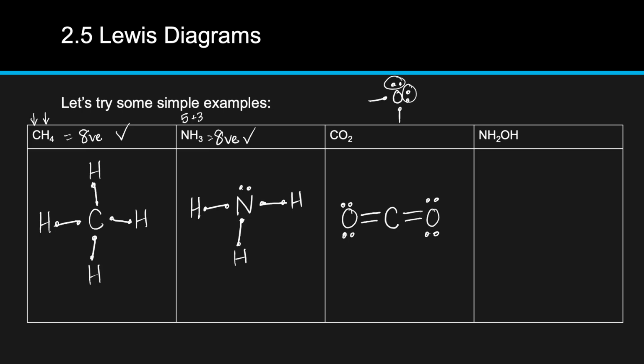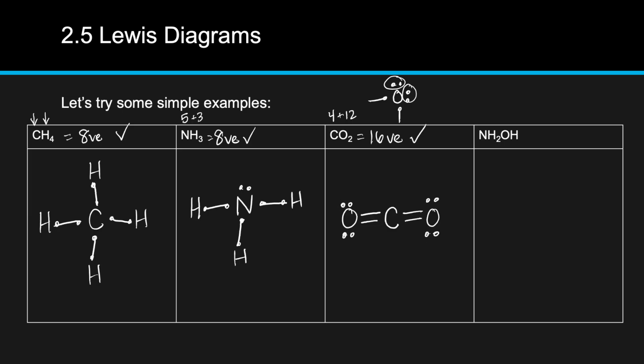And then looking at carbon dioxide, we know carbon has 4 valence electrons, and each oxygen has 6 valence electrons, so it's a total of 12. So we should have 16 valence electrons. So I'm just going to go ahead and double check. We have 2, 4, 6, 8, 10, 12, 14, 16. So that's just a simple way to check that you have done your Lewis structure correctly.